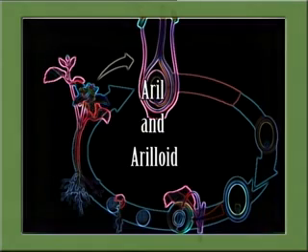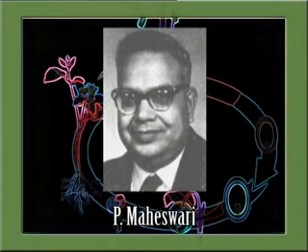Next structure is aril and arillode. The annular outgrowth that is formed from the funiculus and surrounds the ovule like an integument is called aril. According to Maheshwari, in 1950, aril is a new structure that is formed only in few taxa and sometimes represents a third integument.